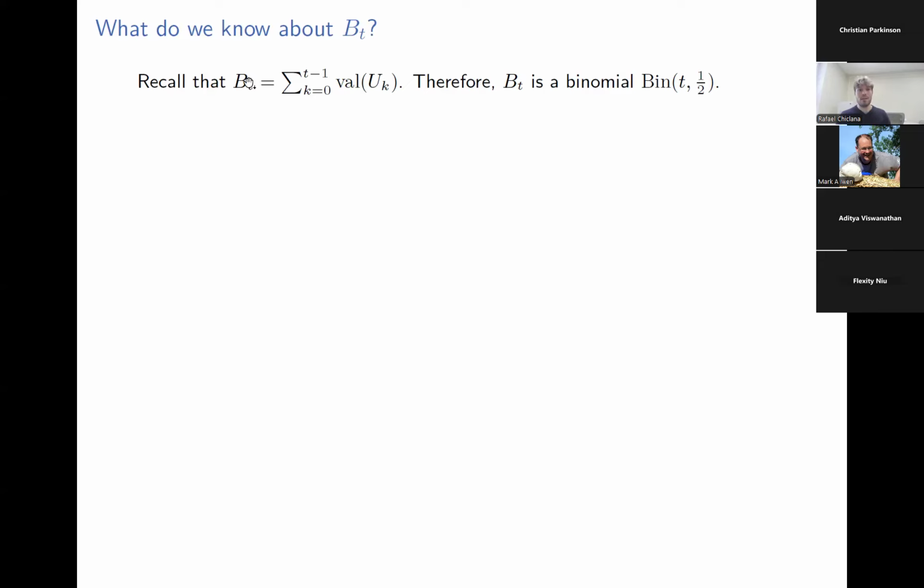This means that B_t is a sum of independent, identically distributed Bernoulli random variables that take the value 0 with probability 1/2 and the value 1 with probability 1/2. So B_t is exactly a binomial distribution with parameter 1/2.